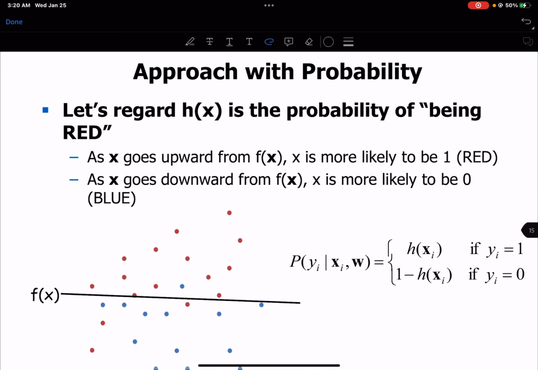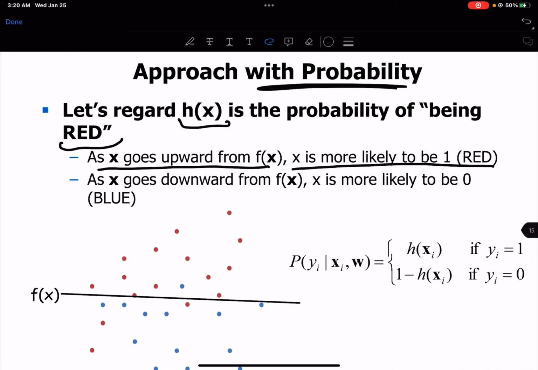Okay, so we say that h of x is the probability of being red. Now we are going to study the probability. As x goes upward from f of x, y is more likely to be 1. So what is the probability of yi that you have given xi and w, where your xi's are given and w's are given.